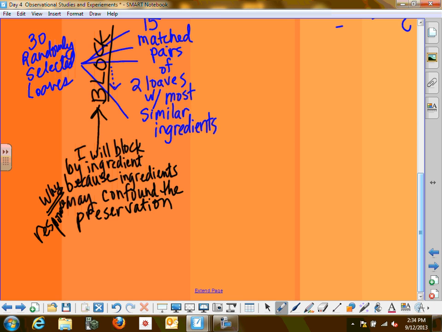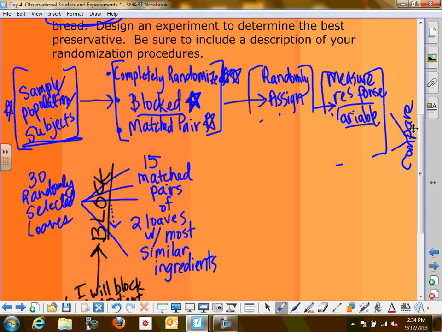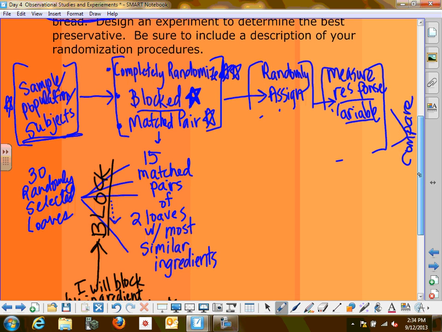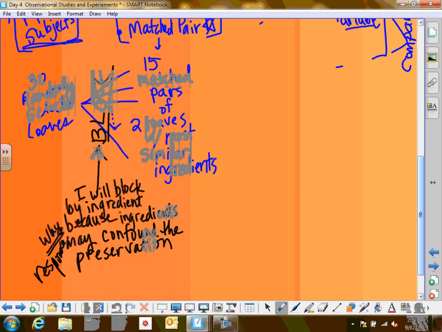Okay, moving on. After we talk about blocking and stuff, okay, remember right up here, that's what we just did. We talked about blocking and stuff. So now let's randomly assign. And I do not want to have to write this out 15 times. So you know what I'm going to say?